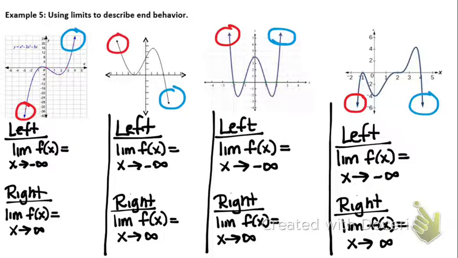Okay, so let's talk about the left side first. What's happening on the left side in this graph? Is it going up or down? So your limit, you would say, approaches negative infinity. But what is the right side doing? Going up, so it approaches positive infinity. Is that simple.